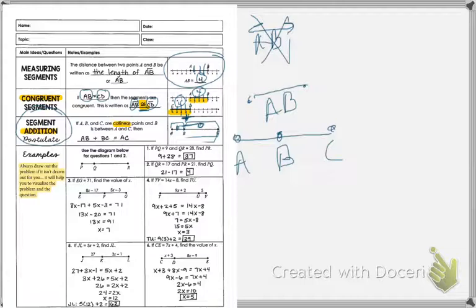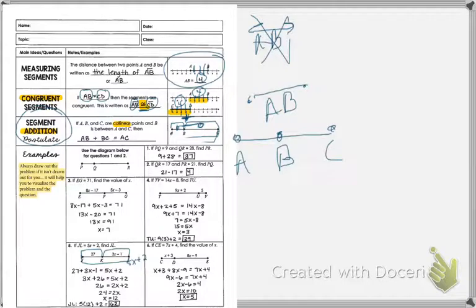So it tells you that from J all the way to L, the whole thing is 5x plus 2. You know that from J to K is 27.